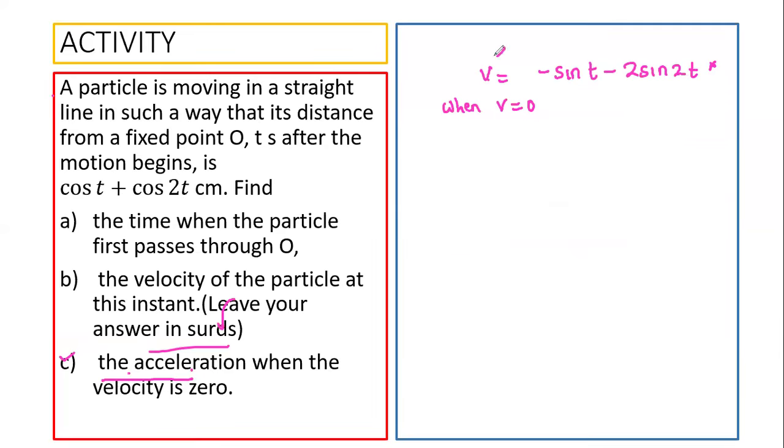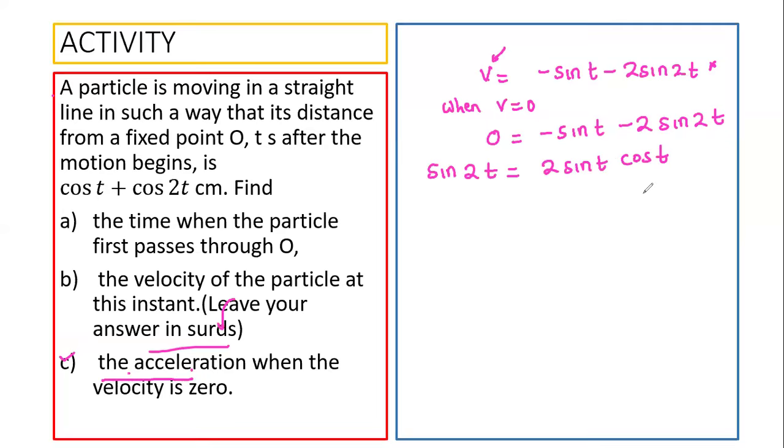Where there is v here is where we are putting the 0. So we shall have 0 equals negative sine t minus 2 sine of 2t. Is that fine? Yes. Now, we have an identity that whenever I have sine of 2t and I expand it, it is the same as 2 sine of t cos of t. From your trigonometry, do you know that?